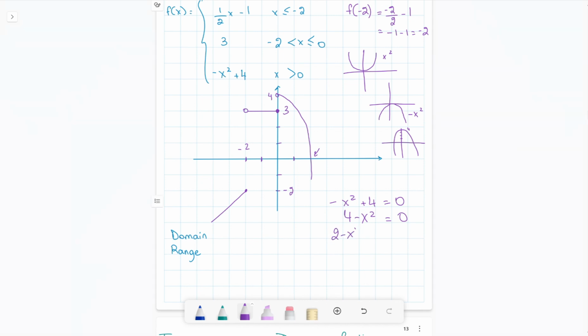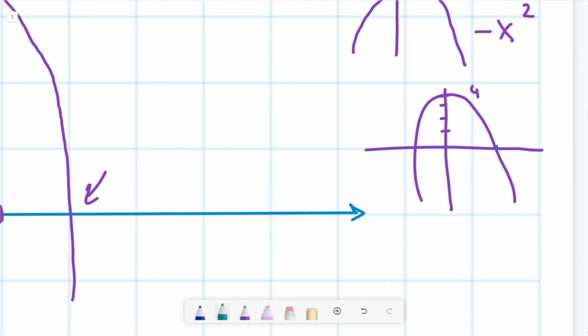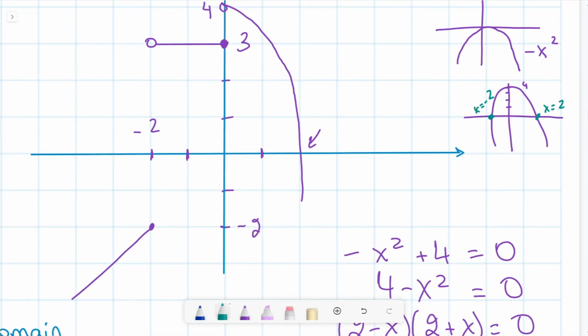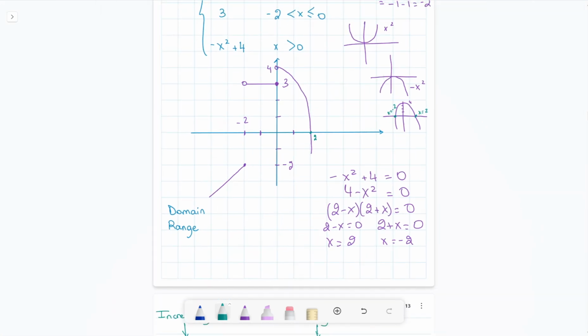So 2 minus x times 2 plus x equals 0. 2 minus x equals 0, or 2 plus x equals 0. x equals 2 or x equals negative 2. So we can see this point is x equals 2 and this point is x equals negative 2. So here, this is the point x equals 2, y equals 0.